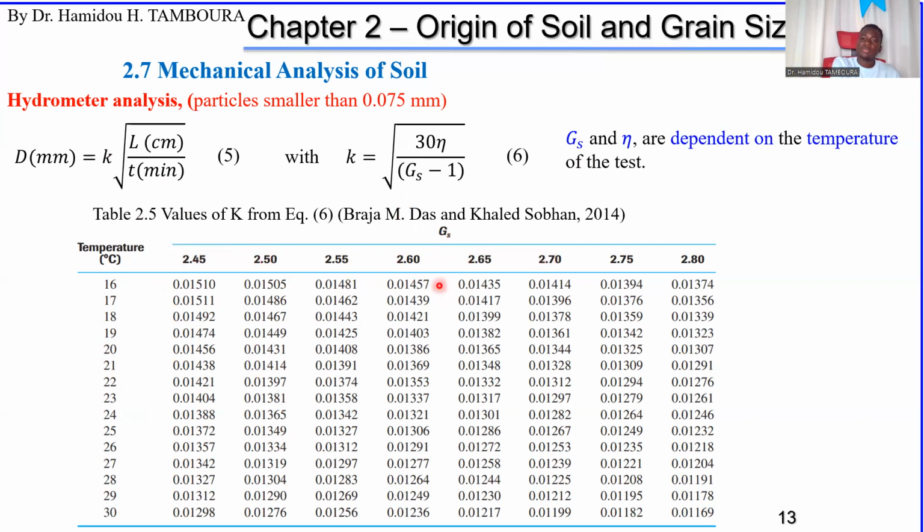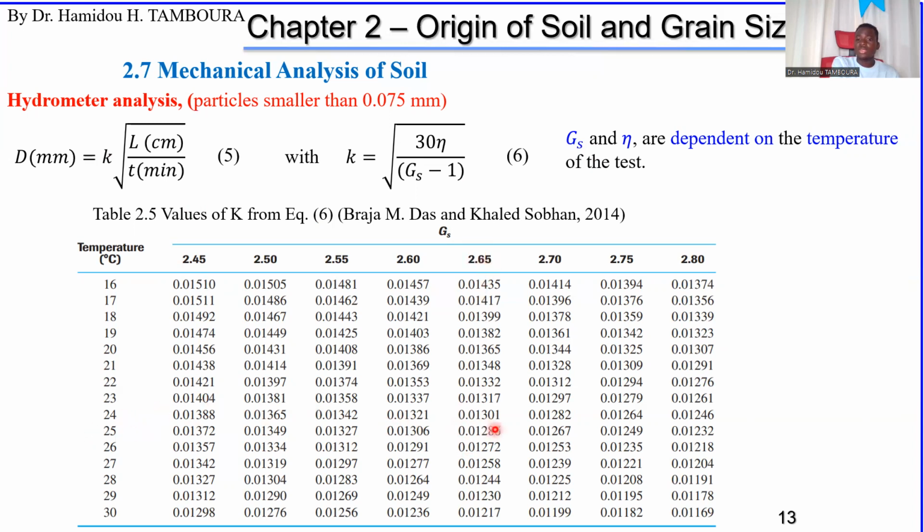For example, if you have a specific gravity of 2.65 and a temperature around 25, you can read something like this. This is the value of K in that case: specific gravity of 2.65 and temperature of 25.